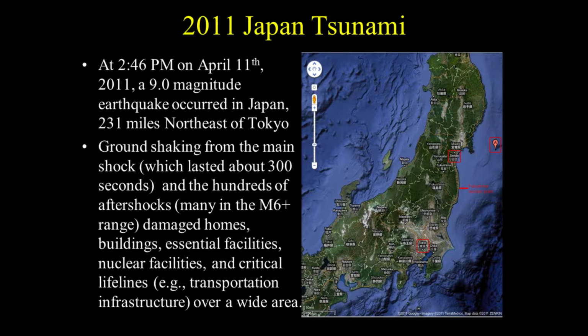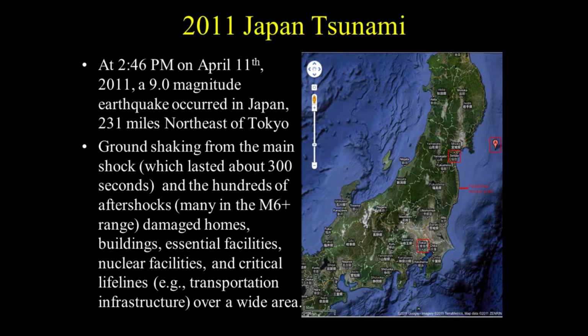Let's talk about the 2011 Japan tsunami. At 2:46 on April 11, 2011, a 9-magnitude earthquake occurred in Japan, 231 miles northeast of Tokyo.